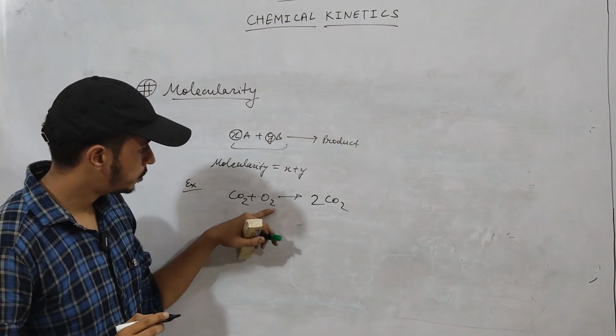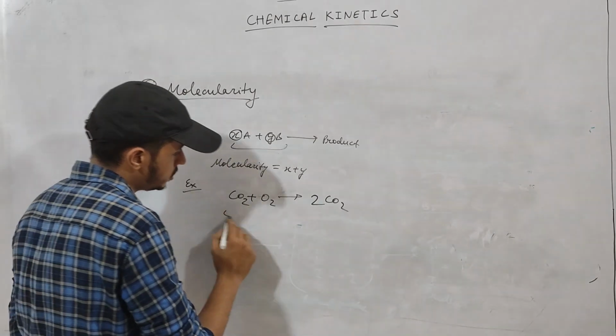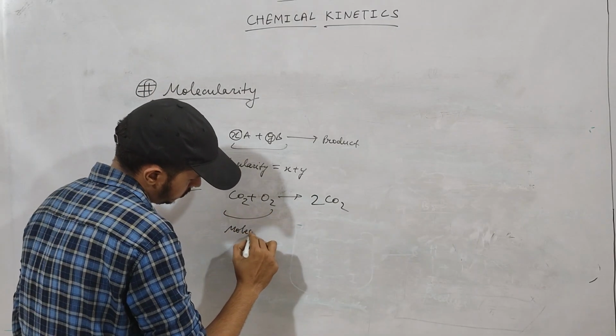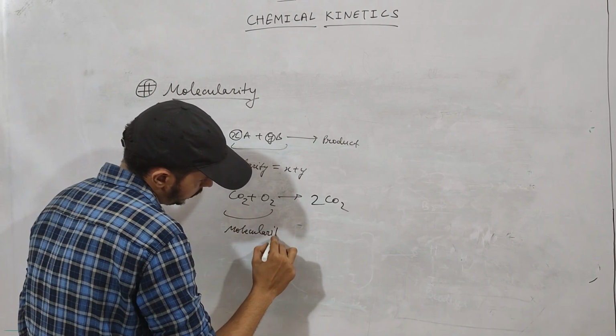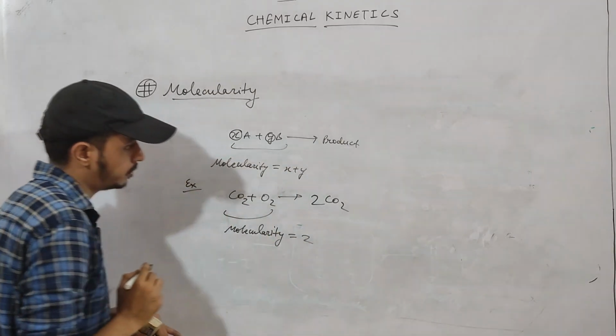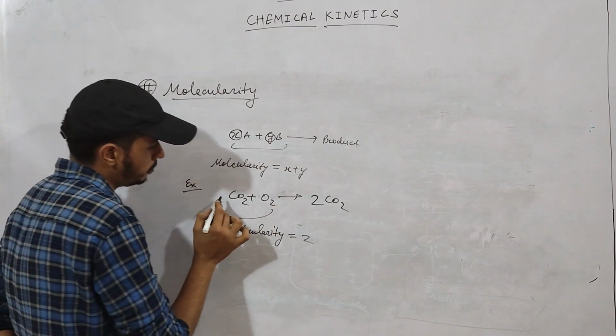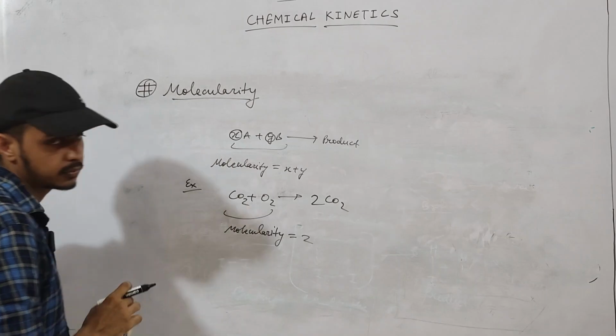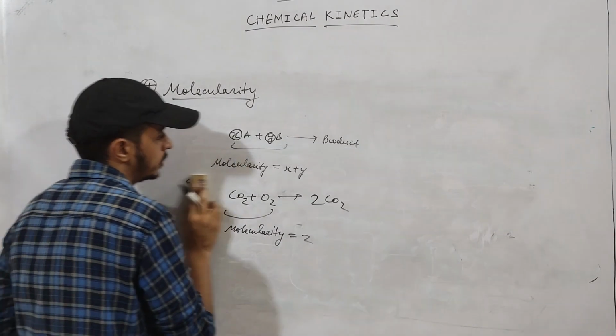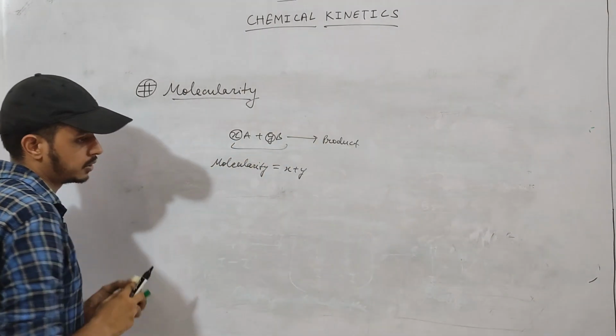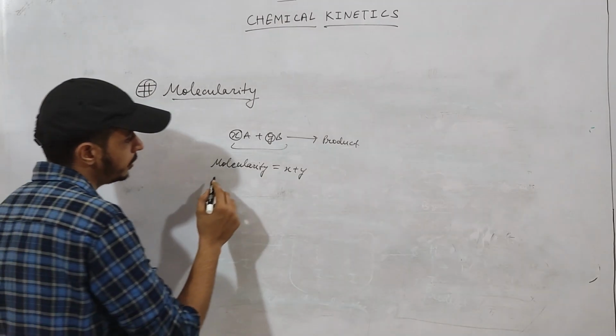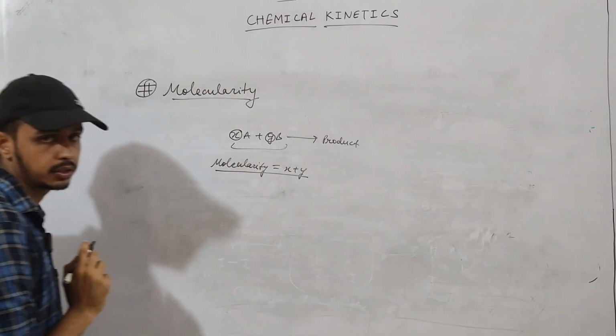When CO reacts with O2, the molecularity for this is 2CO plus O2, so we will see the number of reactant molecules, which is 3. So the molecularity for this reaction is x plus y.